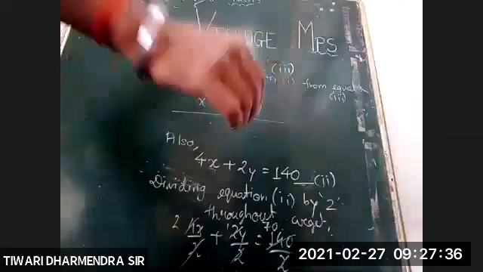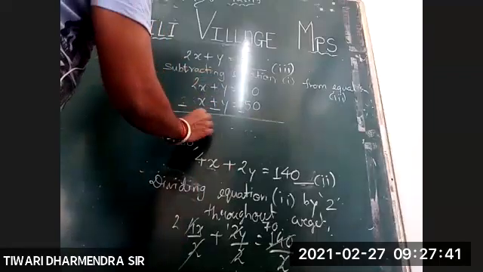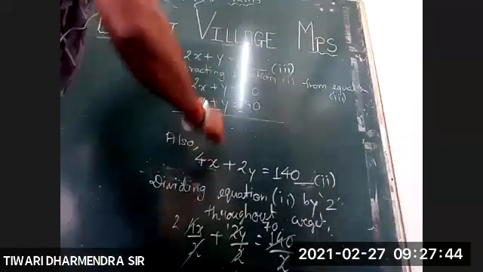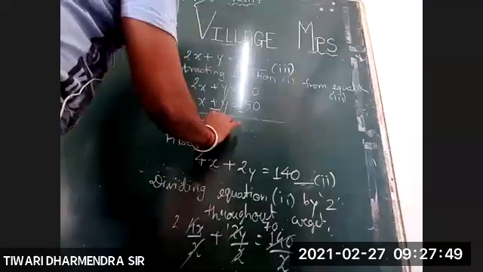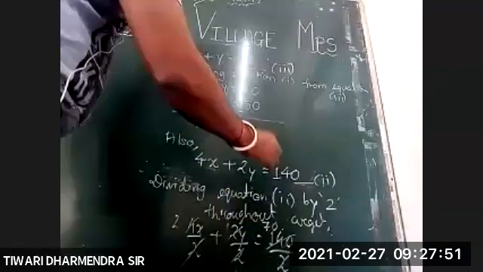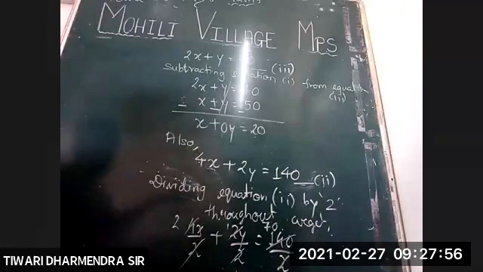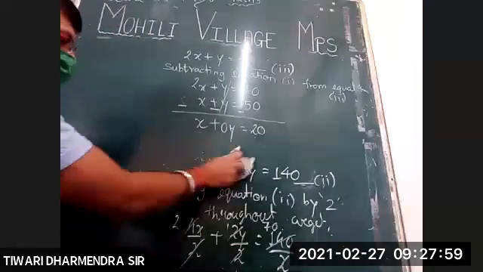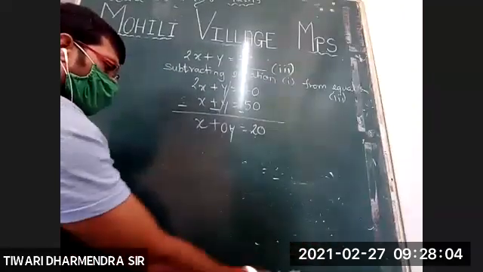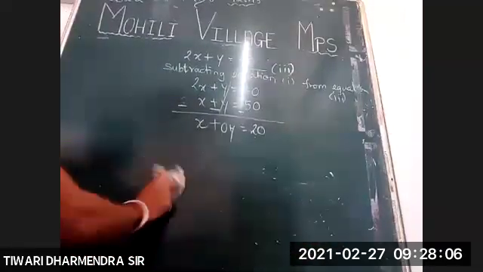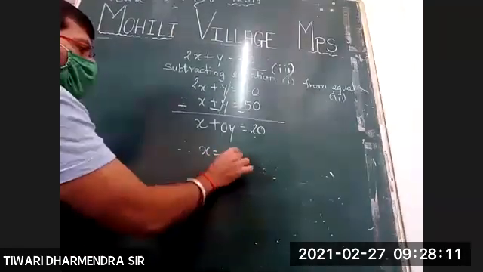Subtracting means there will be a change in sign. 2x minus x is 1x. Plus y minus y, terms with opposite signs get cancelled, so 0y is equal to 70 minus 50, which is 20. Therefore, x is equal to 20.